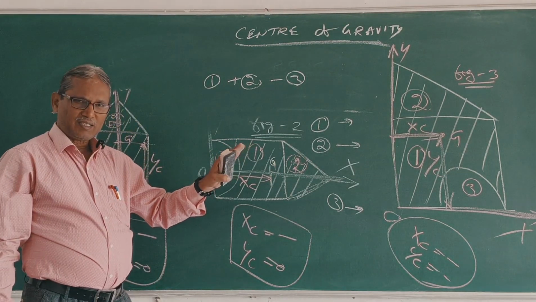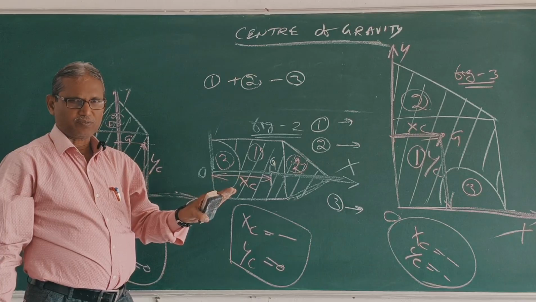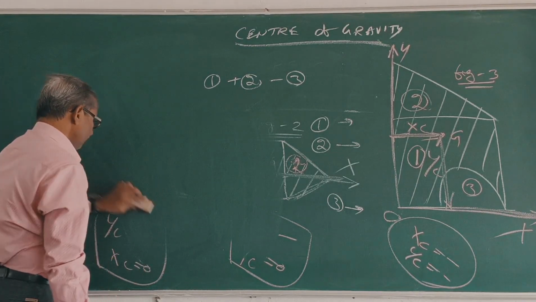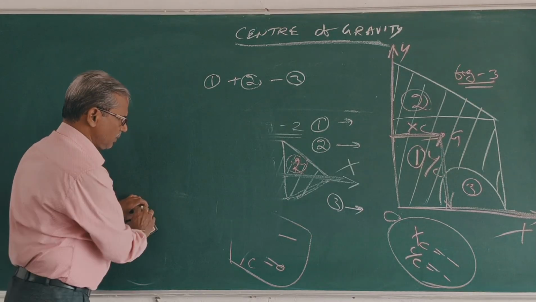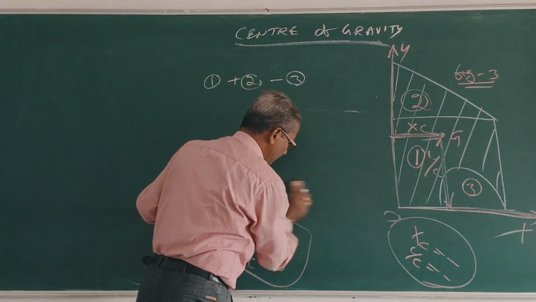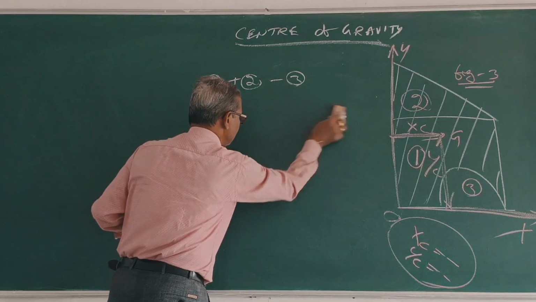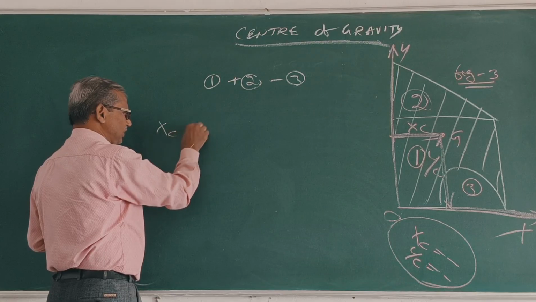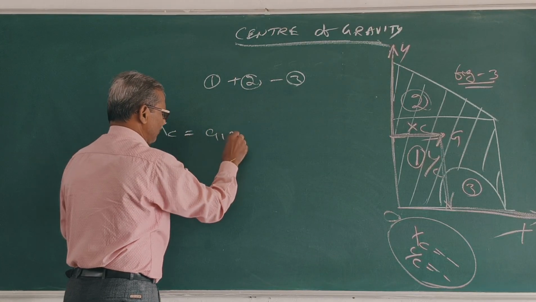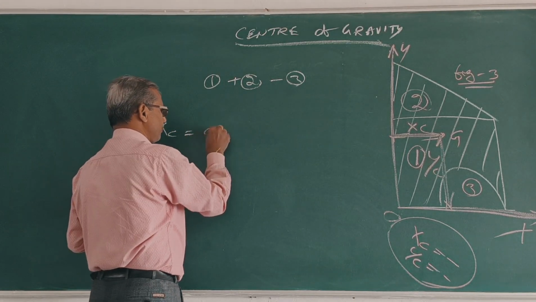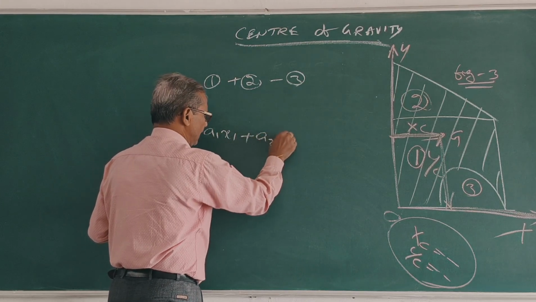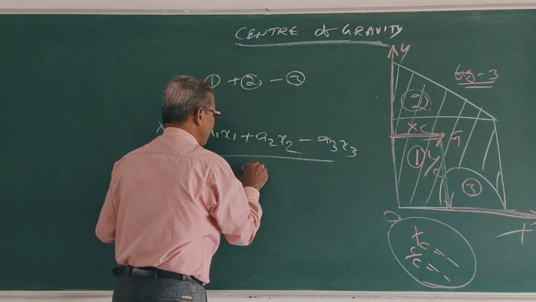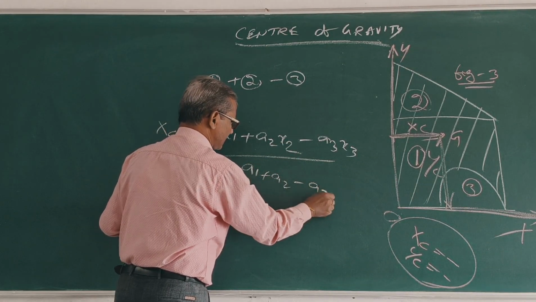Here, to find the CG of the total figure, that means in this figure, x is equal to a1 x1 plus a2 x2 minus a3 x3 divided by a1 plus a2 minus a3.